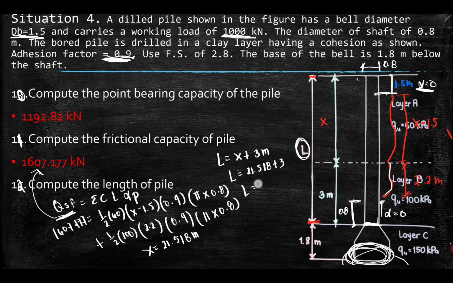Ang length natin is equal to 24.518 meters. Or equal to, kapag binuo natin yan, 25 meters. Or greater than that. So, kapag multiple choice, ang pipiliin niya lang is yung closer sa ating sagot. Okay? Ayan.